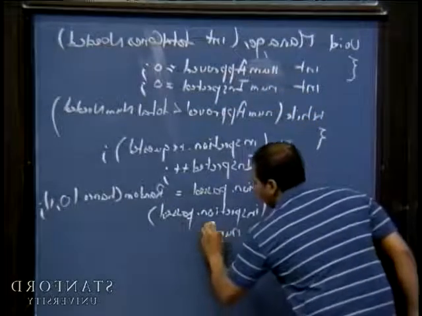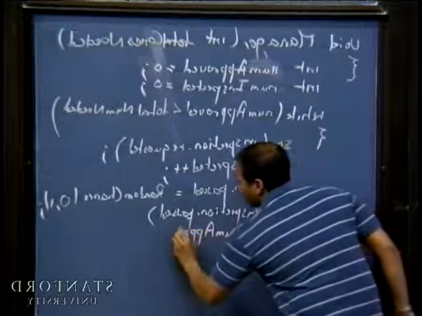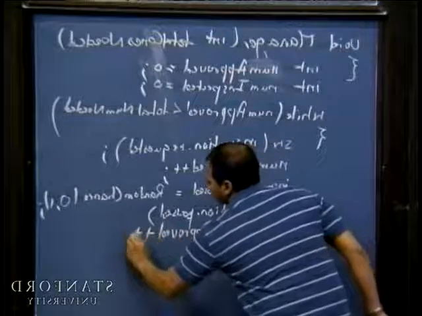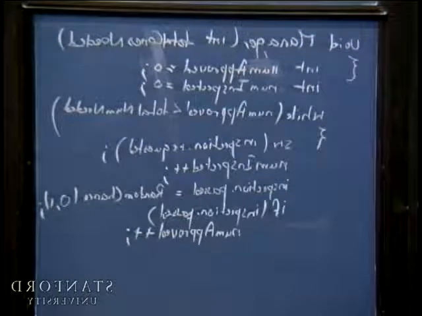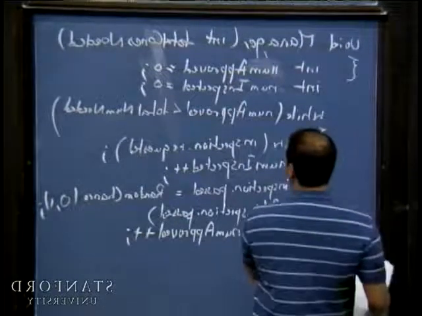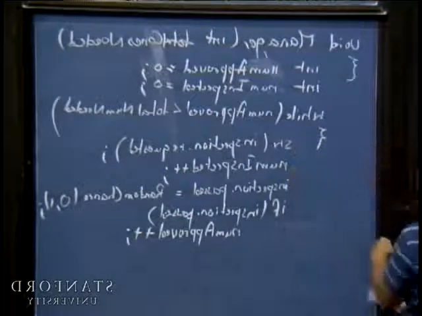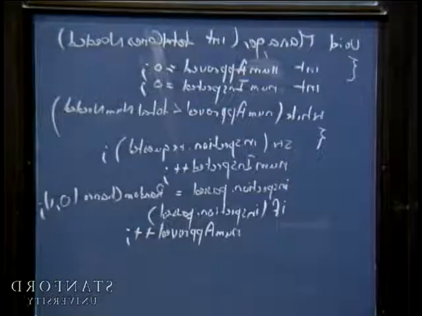So num approved plus plus. Now you finished your inspection, okay? There's nothing else to do, but what you know is that the clerk is potentially waiting on your finished. So you want to signal finished.